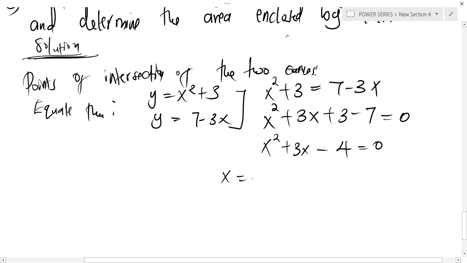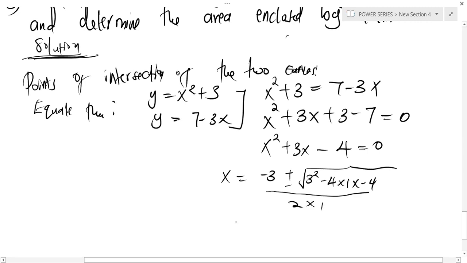Solving for x using the quadratic formula, we will have minus 3 plus or minus the square root of 3 squared minus 4 times a times c, all divided by 2 times a. So x is equal to minus 3 plus or minus the square root of 9 plus 16, that is 25. Root of 25 is 5. So all this divided by 2.